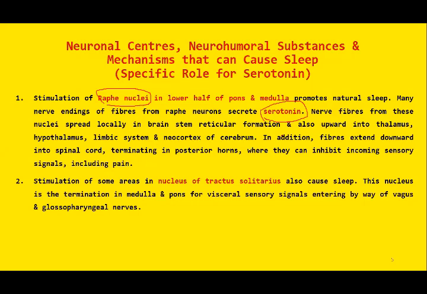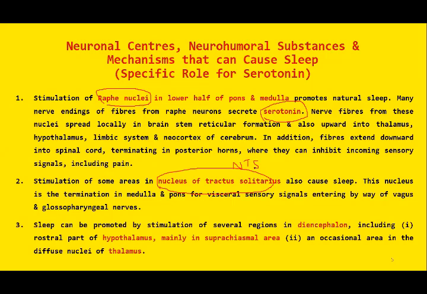Another nucleus which is located within the brainstem is the nucleus of tractus solitarius, commonly denoted by NTS. Again, this is located within the brainstem at the termination of the medulla oblongata and pons. So this nucleus is also known to cause sleep besides the Raphe nucleus.